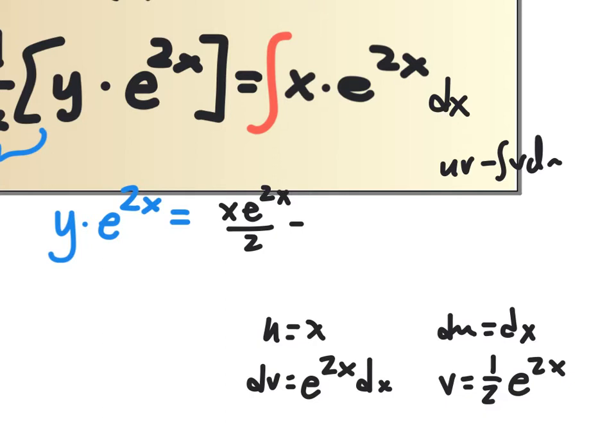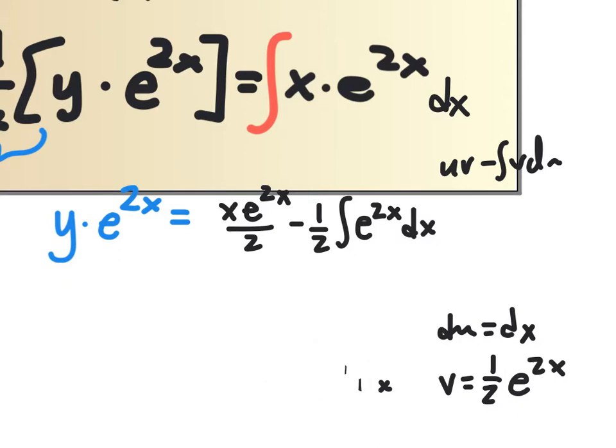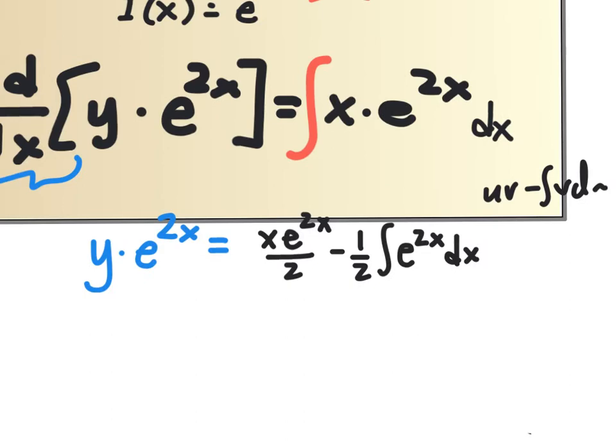So v du will be, I'm going to pull the 1/2 out, the integral of e to the 2x dx. Alright, so it looks like I'm going to have to do one more round of integration here, but it won't require a whole lot, just a quick calculation mentally. So let me just check back here for a moment. Okay, sorry there, I was questioning whether or not I did this right, but I did.